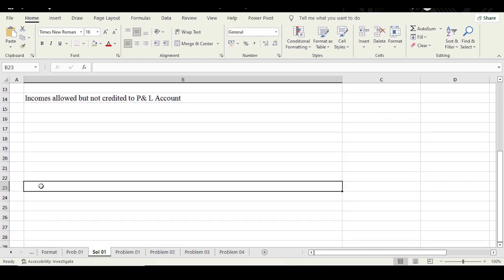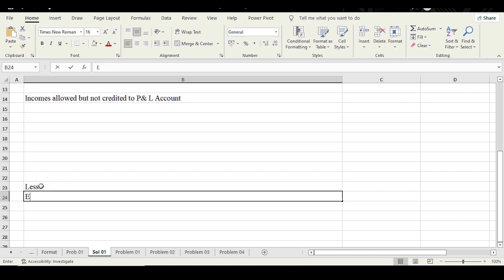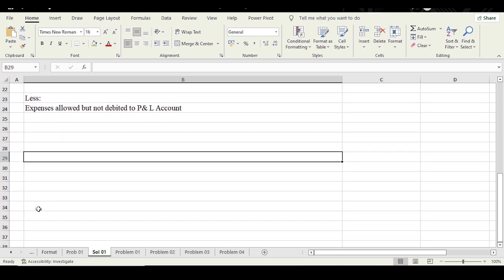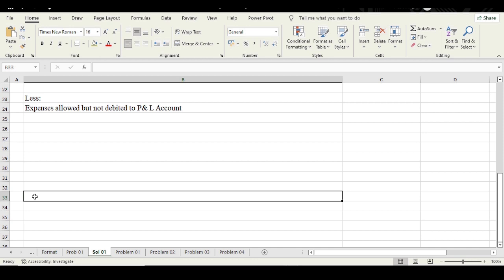Then there are some items which we are going to deduct, which are the ones: expenses allowed but not debited to P&L account. To understand the logic between adding and deducting, please refer to the other videos in this series where we have discussed the theoretical provisions.